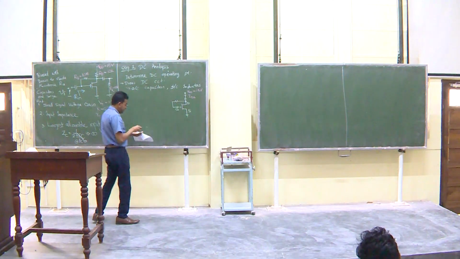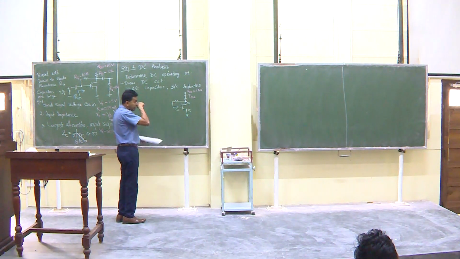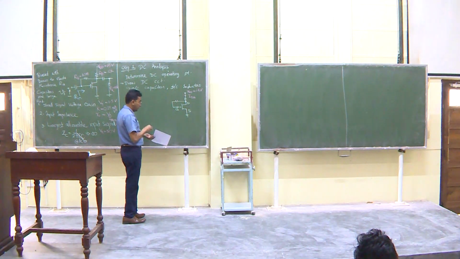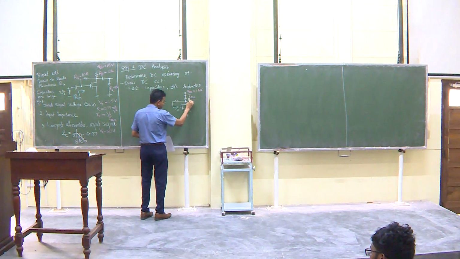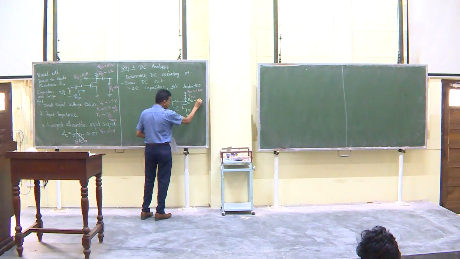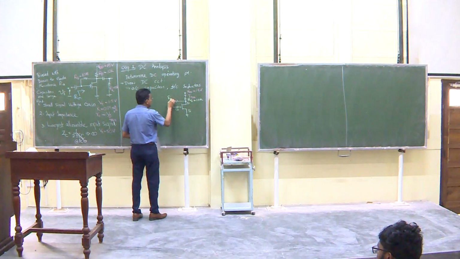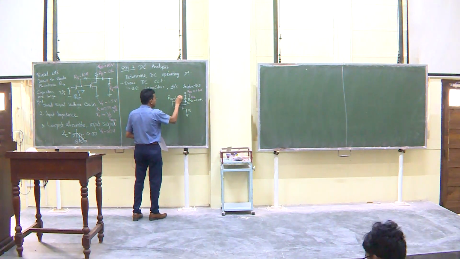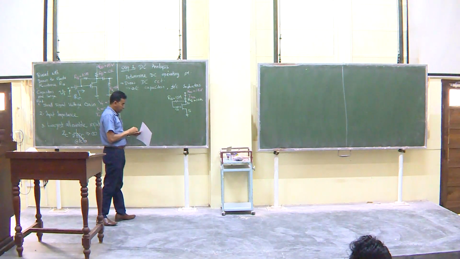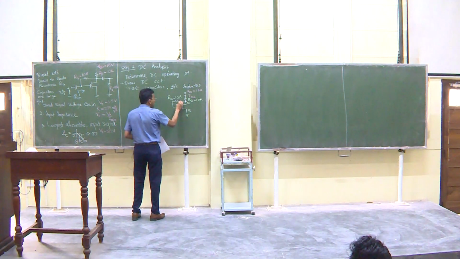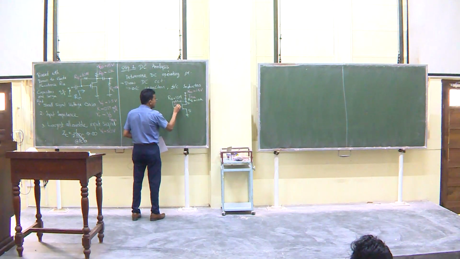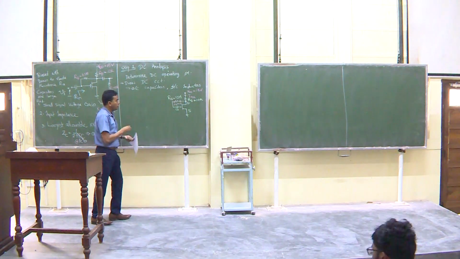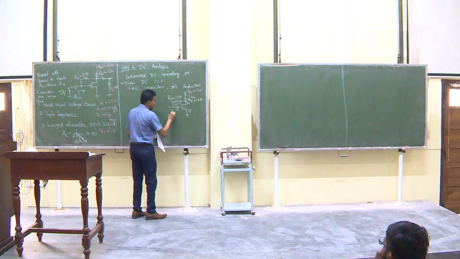So, this is basically IDS. These are capital letters, meaning that they are DC currents. So, you have RD 10K, RG 1M, sorry 10M, 10 mega ohms. Current IG is 0. The voltage here is VGS.